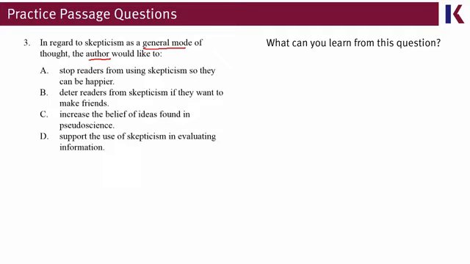And in a single word, when it comes to our author and skepticism, he thinks good. That might have been your prediction on this question as you moved into the execute step. And if you were looking for an answer choice that matches that prediction, there's only one that does. Our author believes that skepticism is a good thing and he would support its use in evaluating information. That's a perfect match to a very simple prediction.